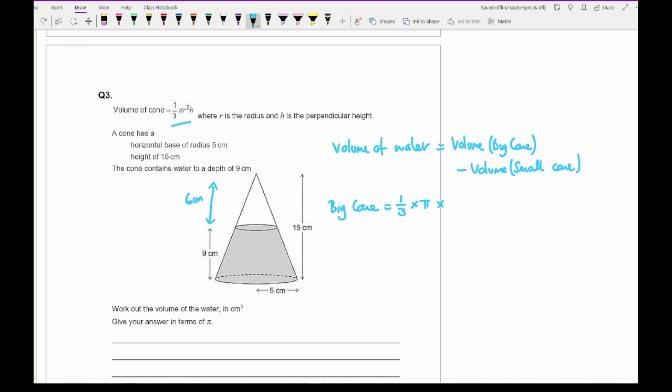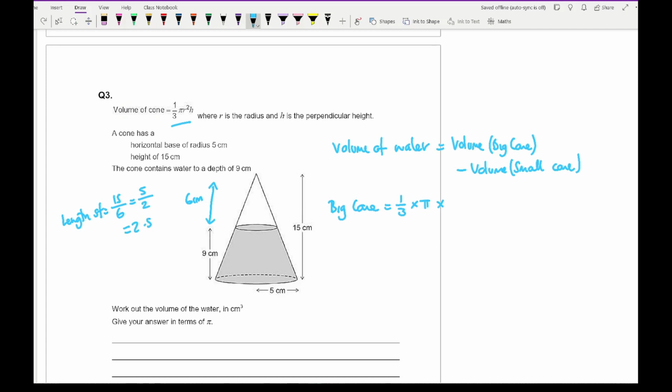So from this, the length scale factor is going to be 15 divided by 6, which is 5 over 2, which is 2.5.